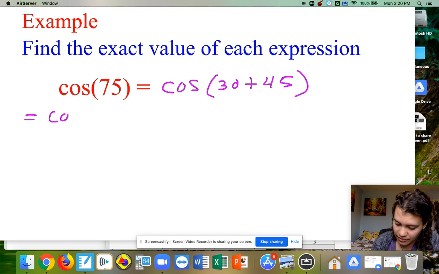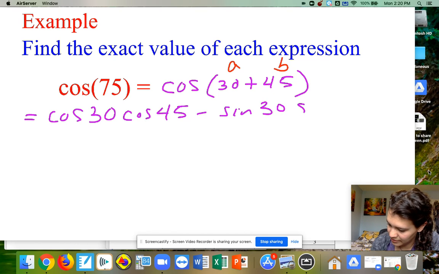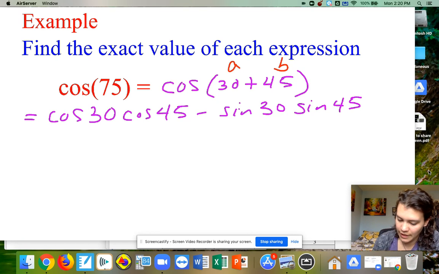So you have cosine of A, I'll label this here. This is going to be your A value. This will be your B value. So cosine of A, or cosine of 30, times the cosine of B minus sine of A, sine of B. And now use that unit circle sheet to find the actual values. So cosine of 30 is root 3 over 2.